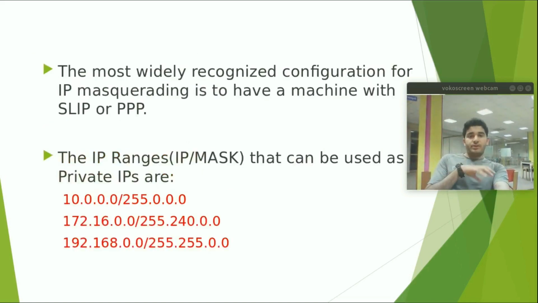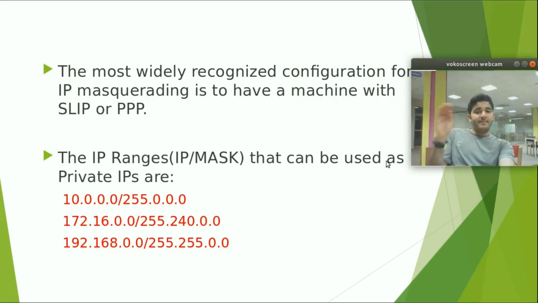The most widely recognized configuration for IP masquerading is to have a machine with SLIP or PPP. These are just simple, basic protocols that you can study.